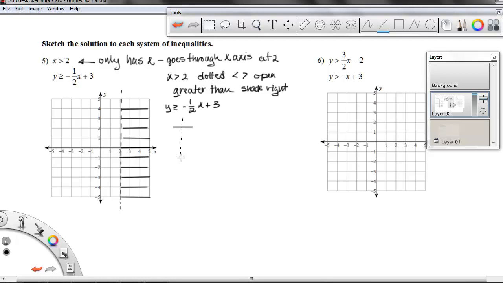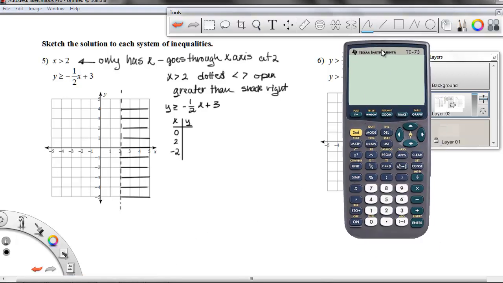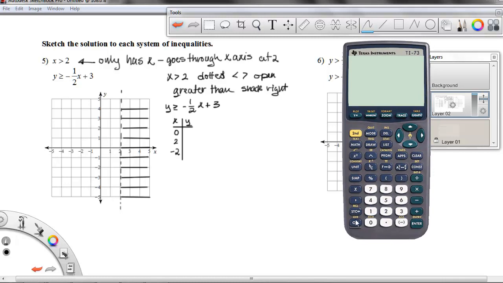We'll go ahead and make our table. We start with 0 for our first x. Our denominator is 2, so we'll use 2 and negative 2 for our second and third values for x.